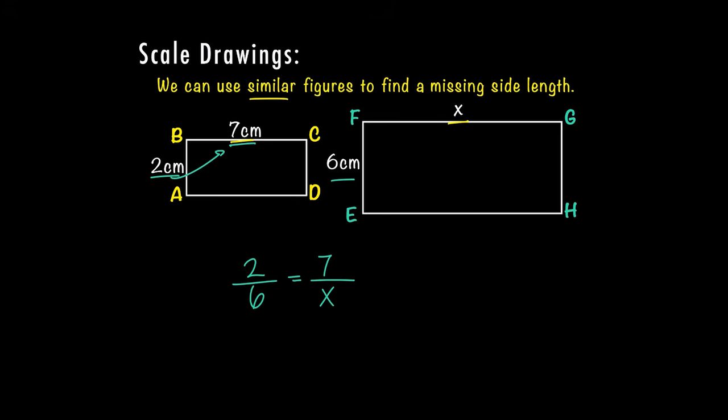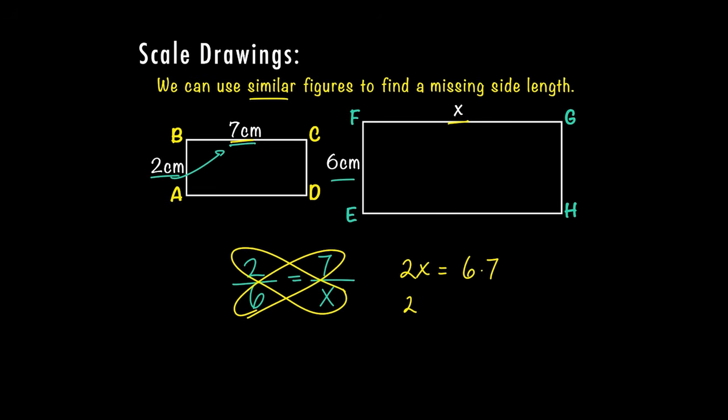Now I'm going to use this and my knowledge of solving equations in order to figure out the missing value of X. If they are equal proportions, that means that the cross products, so 2 times X, is equal to the other cross products, 6 times 7.